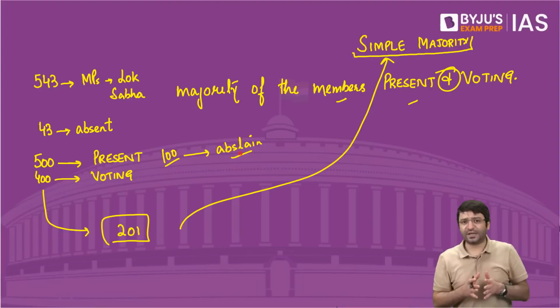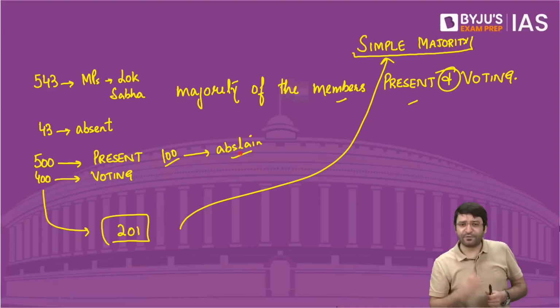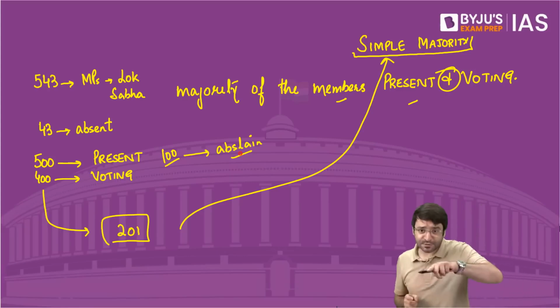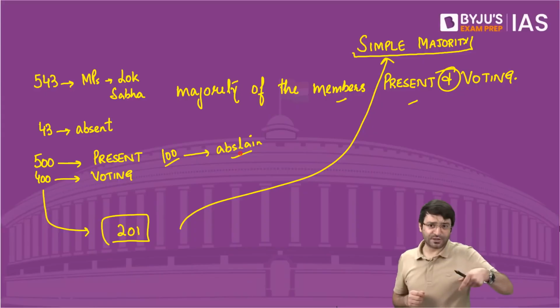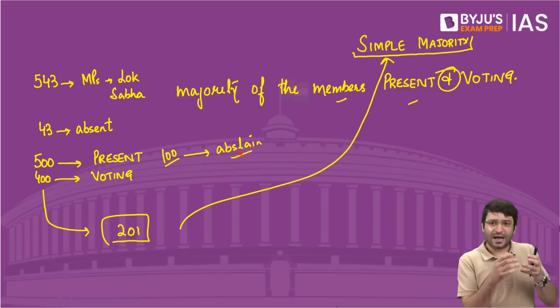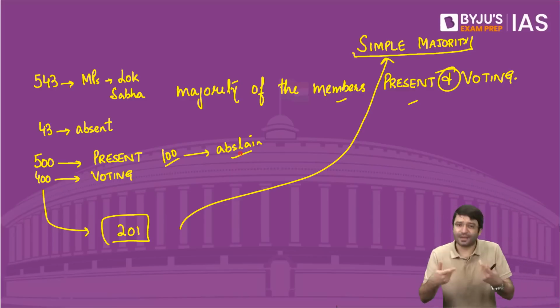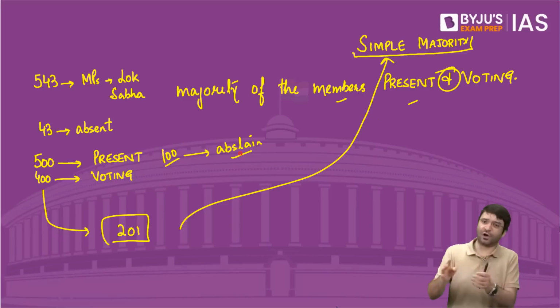So if BJD votes in favor of this bill, if this bill is proposed by Congress, people might think that you are closer to Congress. If BJD votes against this bill, because the BJP is opposing this bill, you might give a sense to the people that you are supporting the BJP. You don't want to appear as supporting the BJP or the Congress. You want to remain equidistant. You abstain. Neither vote in favor nor against.